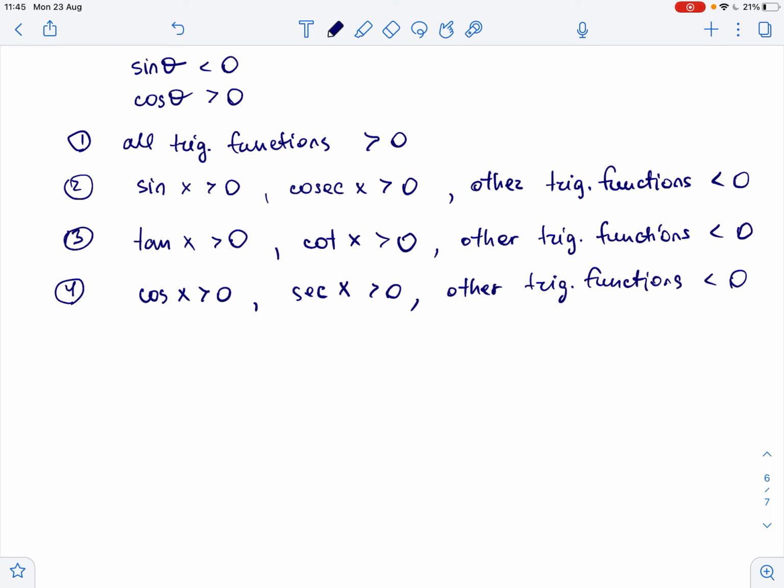And this actually works for us because we know that cosine of theta is positive, and in the fourth quadrant, cosine is positive. Also, we know that sine of theta is negative, and in the fourth quadrant, sine is negative. So we can make a conclusion that theta lies in the fourth quadrant.